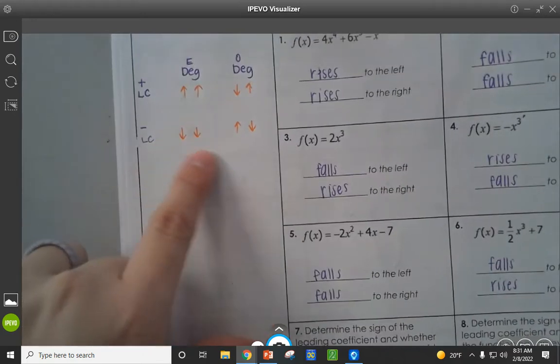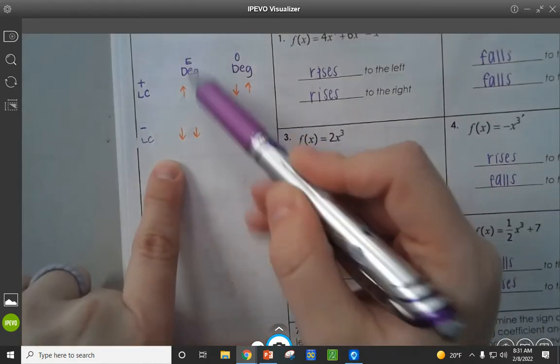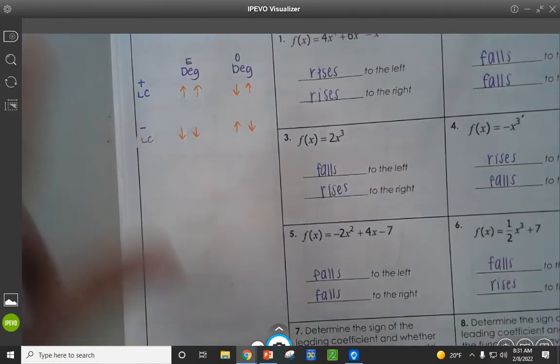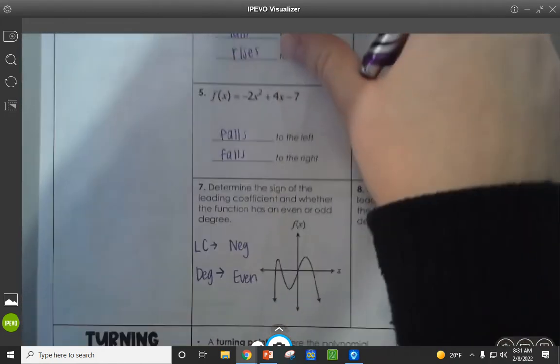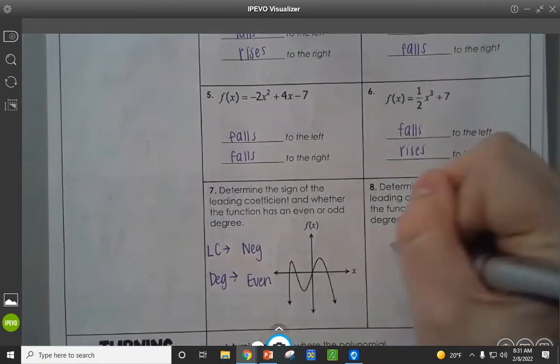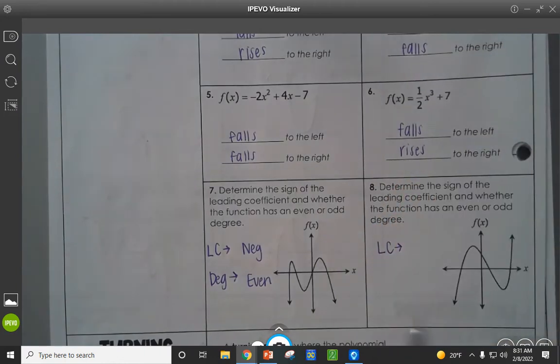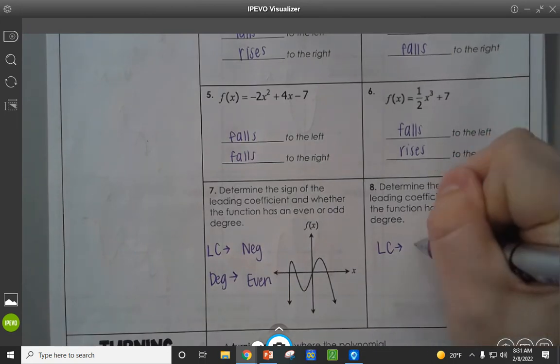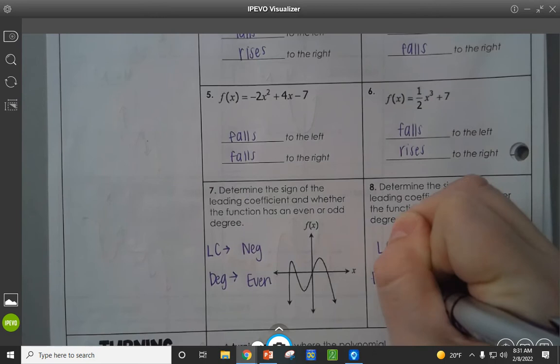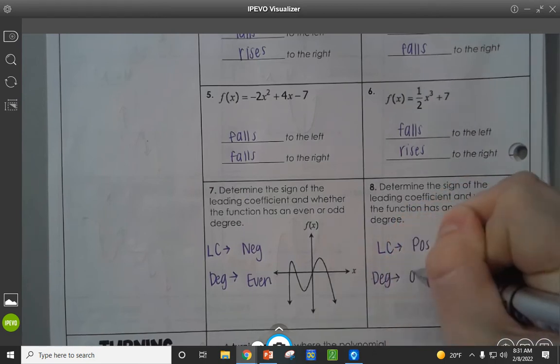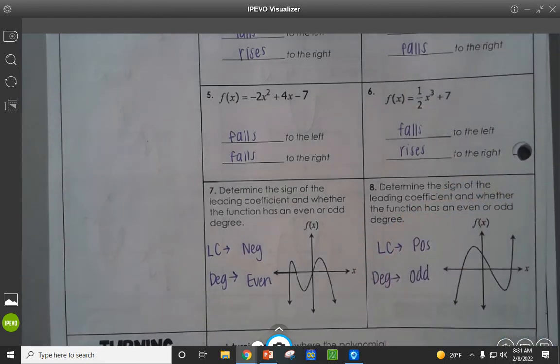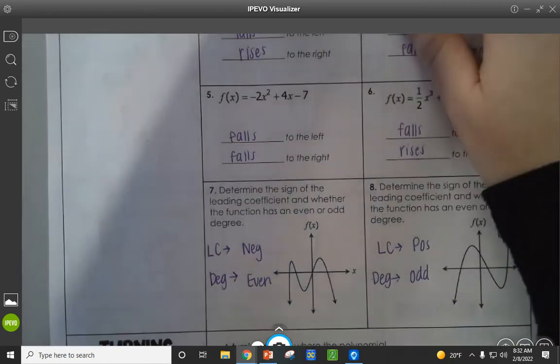These arrows both point down, so negative and even degree. What would the leading coefficient be on number 8, positive or negative? Positive. And the degree is odd. Good. Any questions on that?